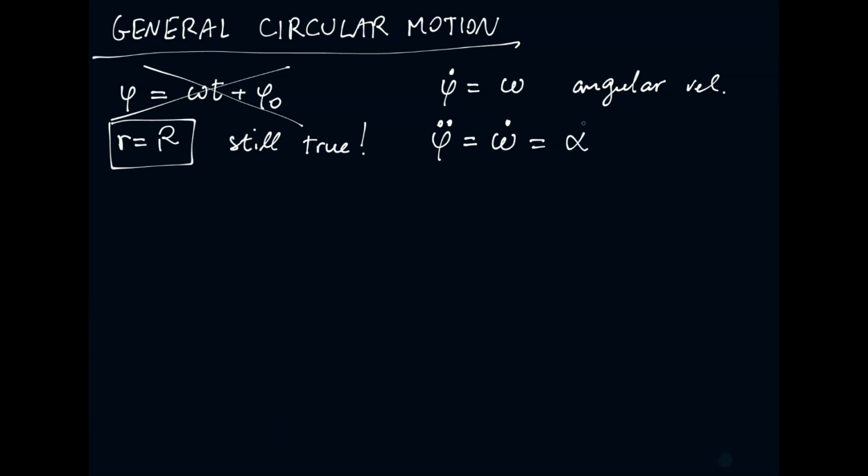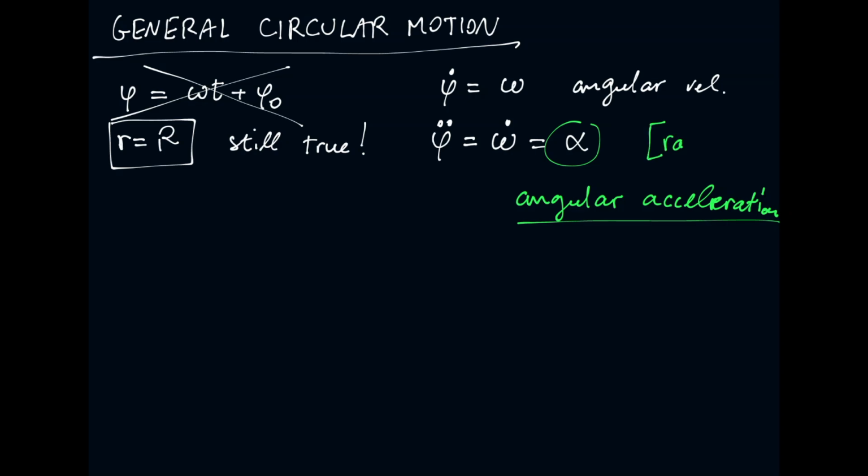This alpha is the angular acceleration. The units are angle per time squared, so something like radians over second squared in SI units, but any angle divided by time squared works.